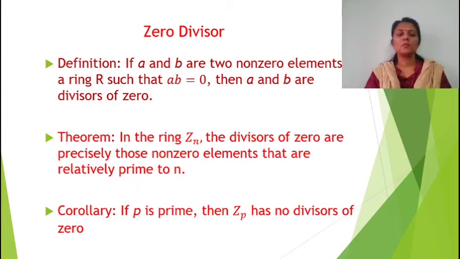We are using the above theorem. In Zp there are numbers 0, 1, 2, etc. up to p minus 1, all are prime to p. So Zp has no zero divisors.